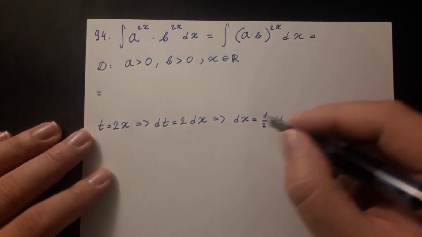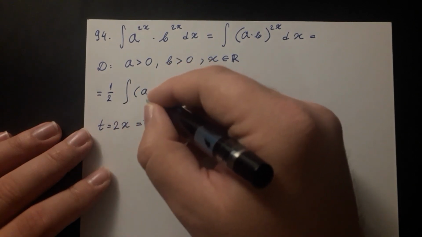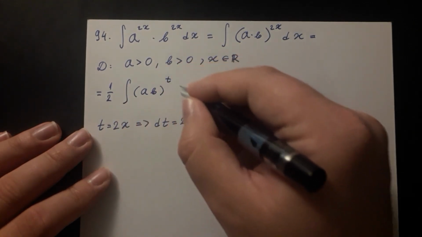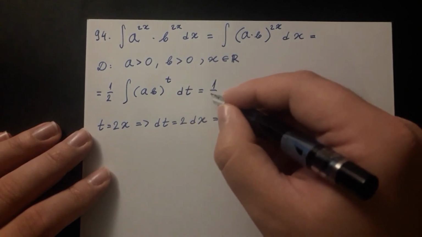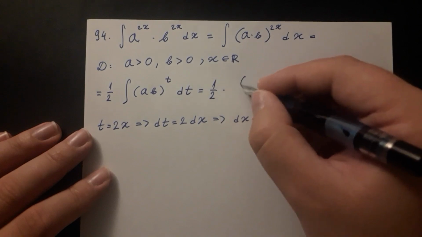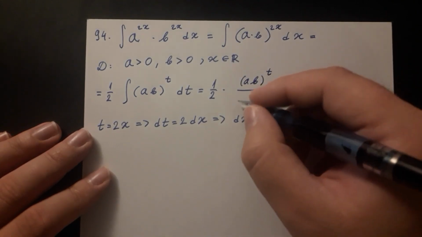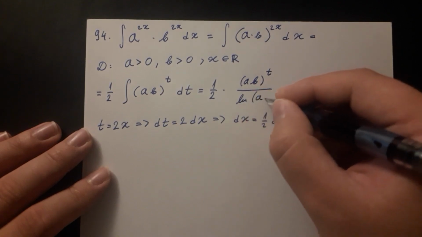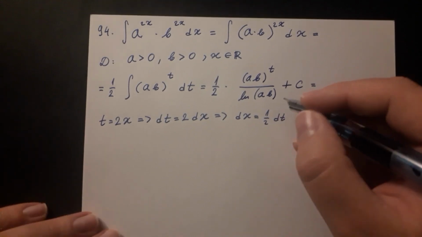So our integral is transformed into 1/2 of the integral ab product to the power t times differential of t, which is equal to 1/2 times ab to the power t divided by ln of the product ab plus an arbitrary constant c.